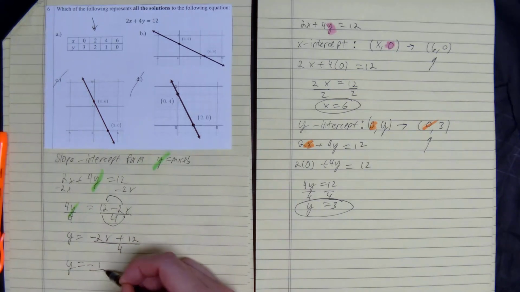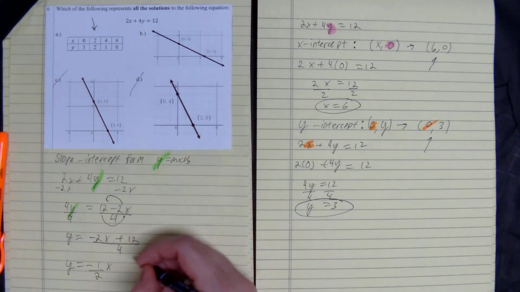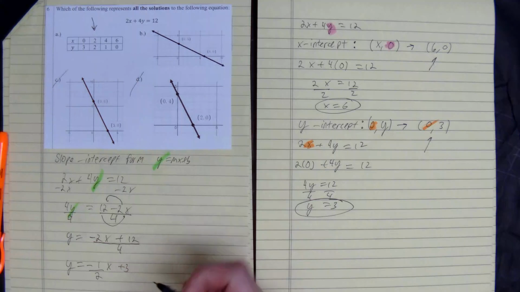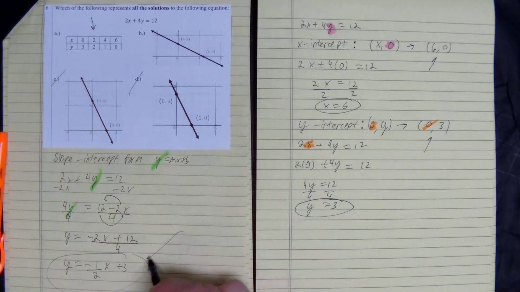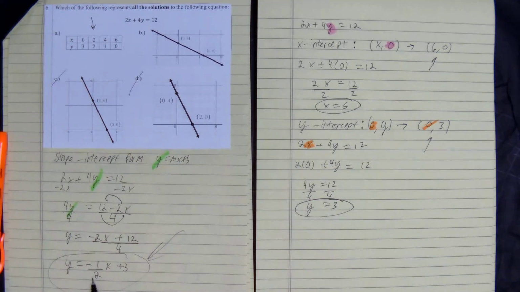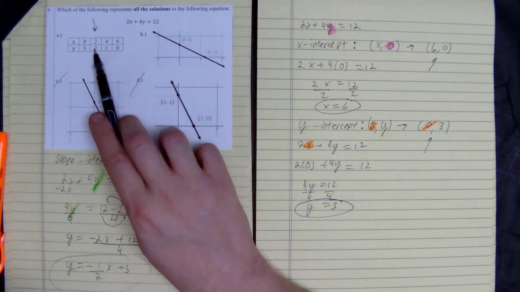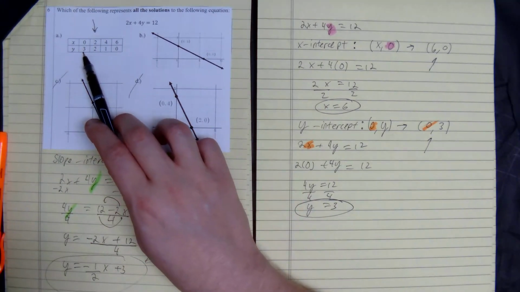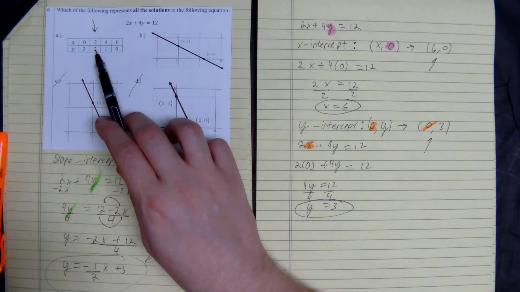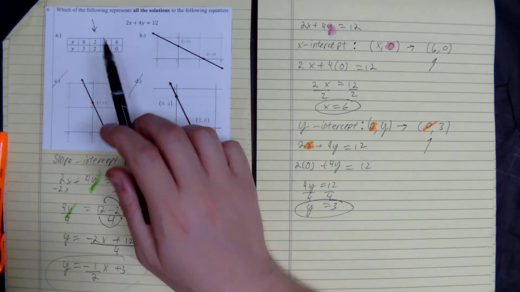We get negative 1 over 2x, and then 12 divided by 4 is 3. So we have that right there. This is the slope-intercept form. So it's moving at a constant rate of negative half. So it's decreasing. So I can see this is decreasing, and I can see right here 0, 3, 2, 1, 0.